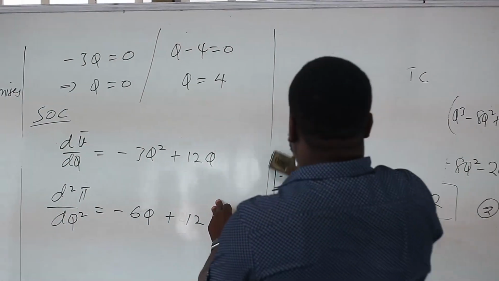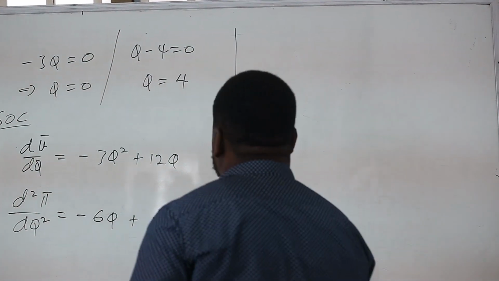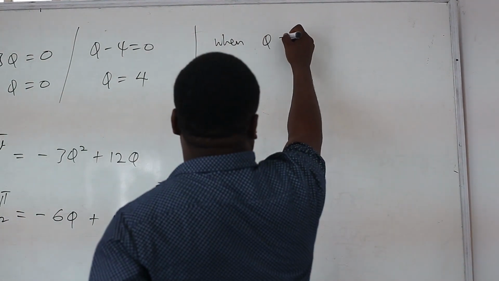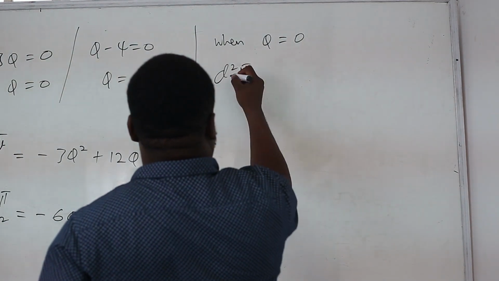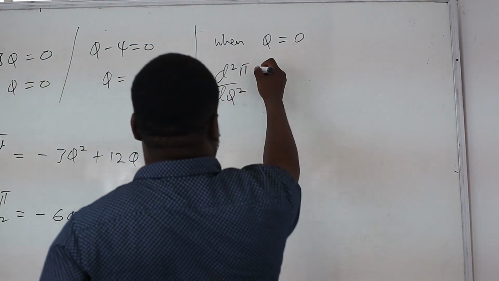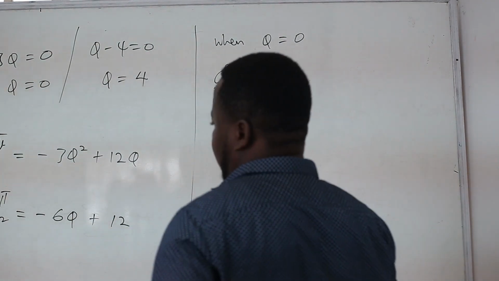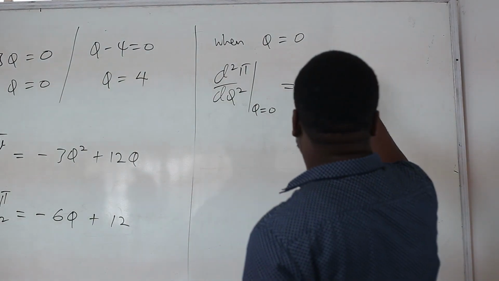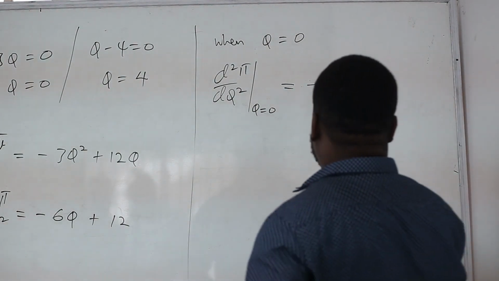So first, we do when q is equal to 0. So when q is equal to 0, we have d squared pi dq squared at q is equal to 0 is equal to minus 6 into bracket, so q is equal to 0 there, plus 12.